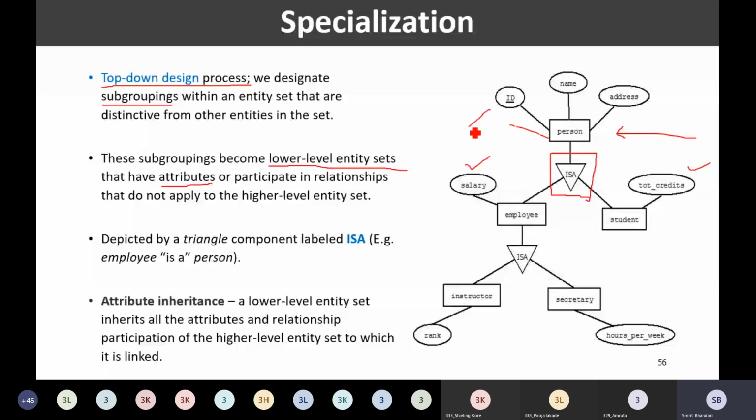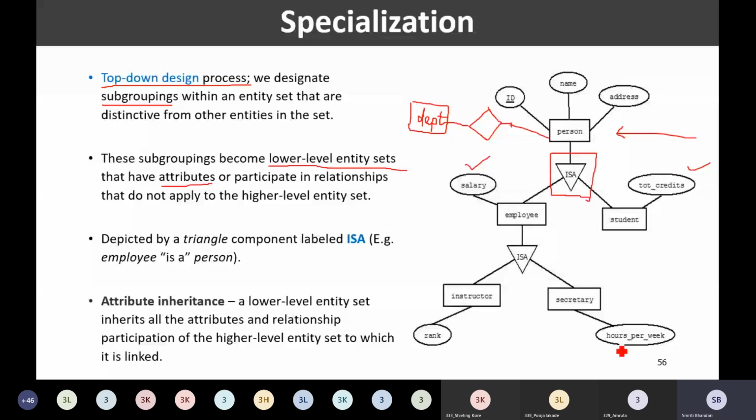What do I mean by that? Suppose person is participating in one of the relationships with some other entity set. Let us assume that here I have the entity set, say department. So person, which is the higher level entity set, is related with this other entity set, department.